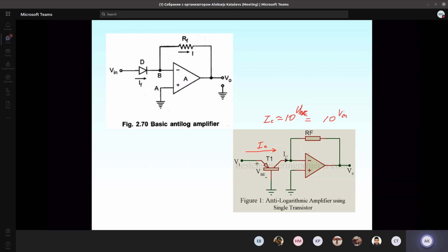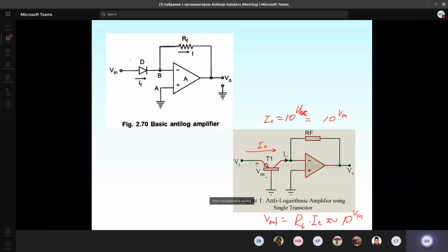And then the output voltage, V output, will be just the feedback resistance multiplied by this current. It will be proportional to 10 in the power of V in. Of course, the proportionality coefficient plays some role.